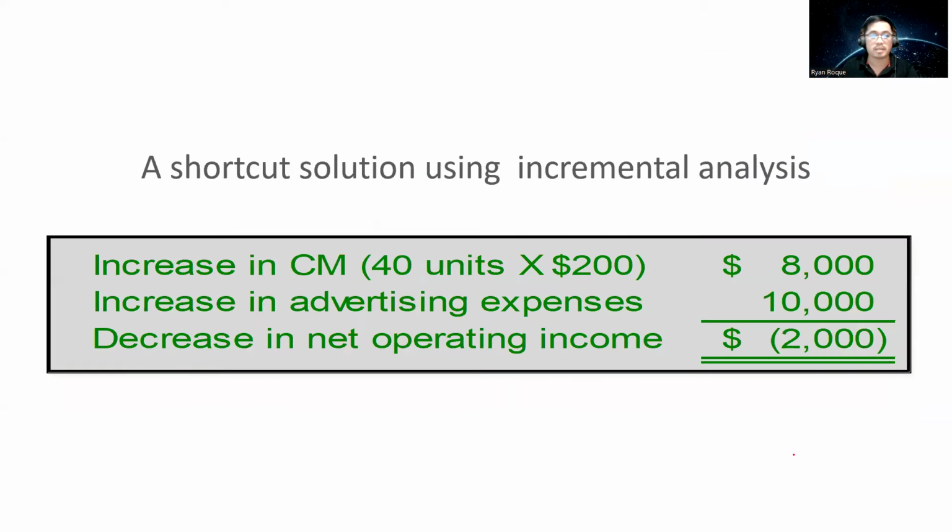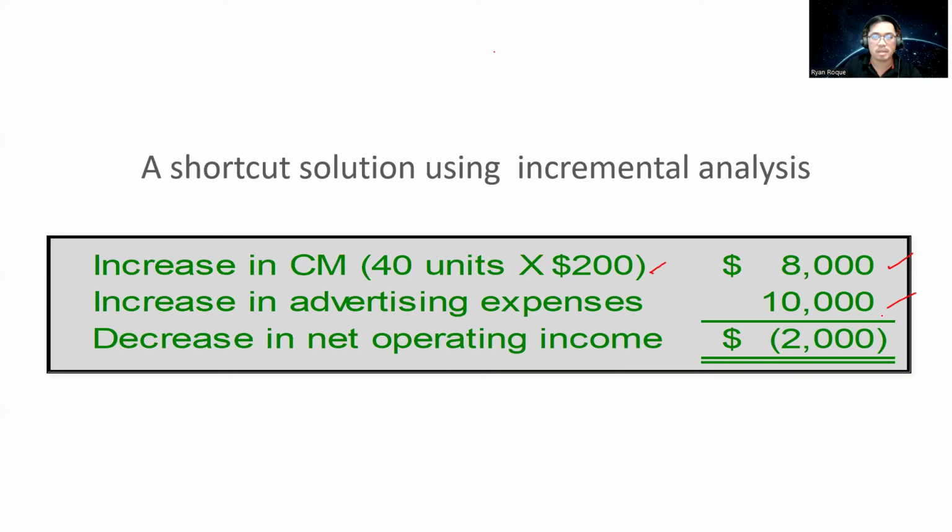So let's have the shortcut for this one. Since there is an increase in the CM, or contribution margin, by simply getting the 40 units increase times $200, we computed the increase in the CM as $8,000. And remember, in your fixed cost, there is also an increase because of the advertising expenses of $10,000.